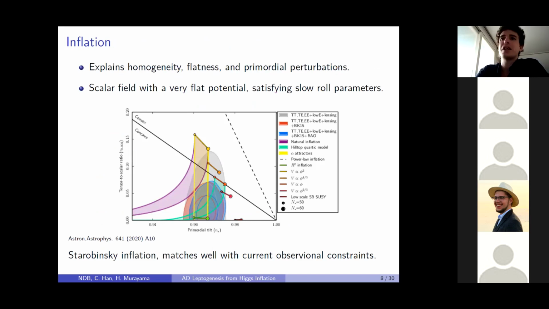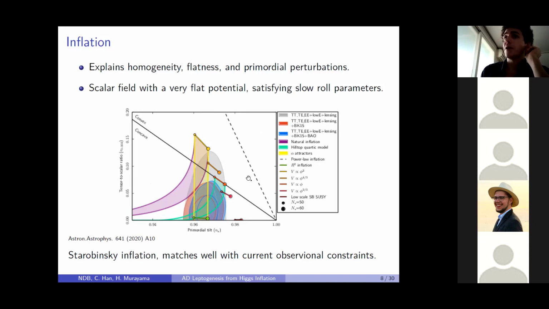some very flat potential. Many models have been proposed. This is from the most recent Planck data release, and the current constraints with various possible inflationary models. And so there have been many models, but there's also some degeneracy in predictions.